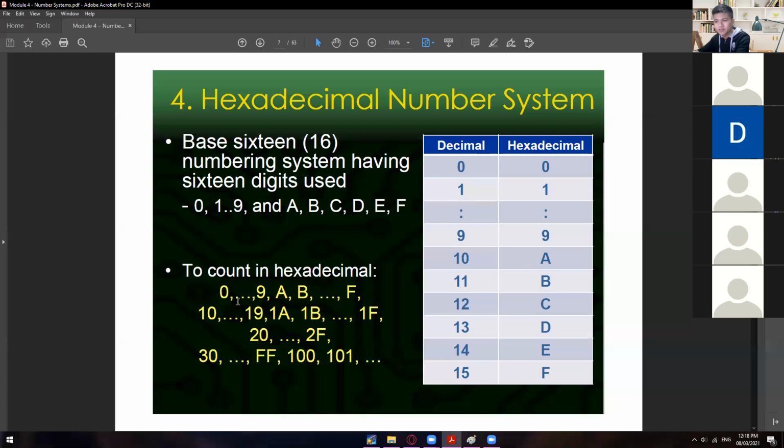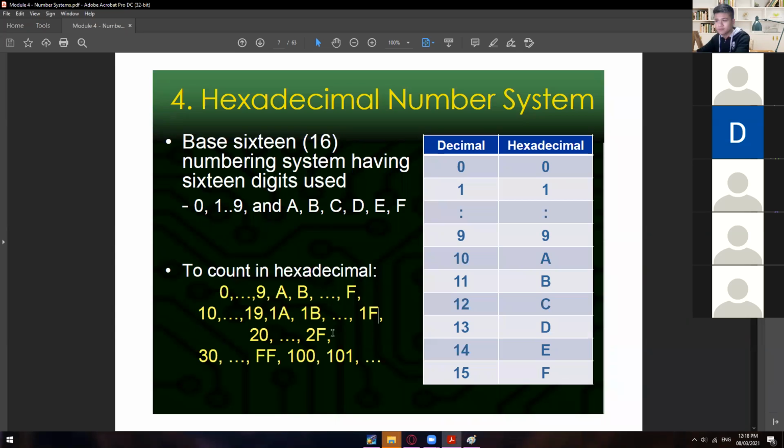For example, right here we have A to F as your 15. And once we reach 16 as your decimal, we have here 10 to 19. And then for 26 to 31, it is 1A, 1B, 1C, 1D, 1E, 1F.